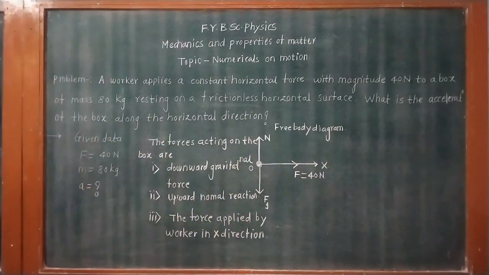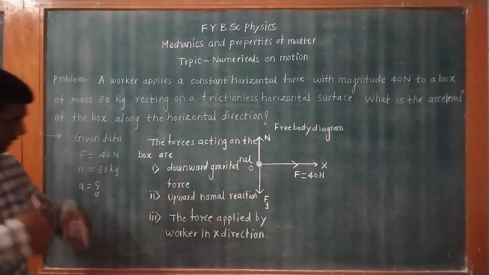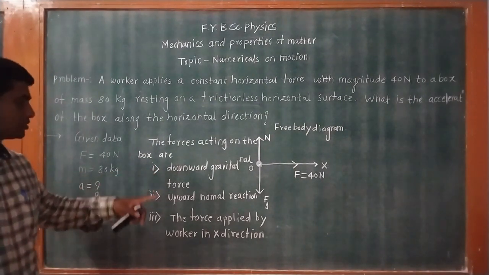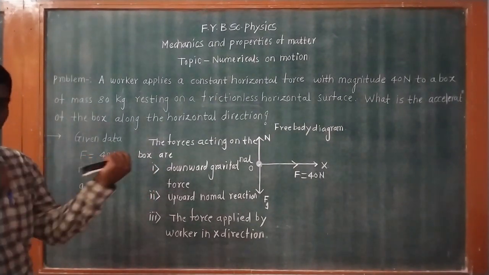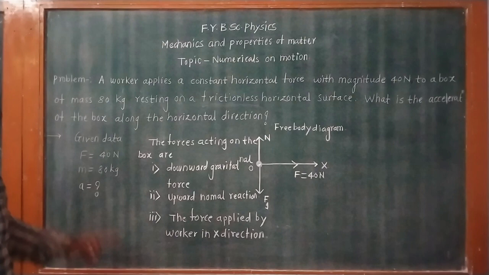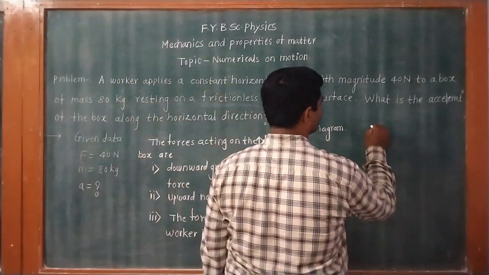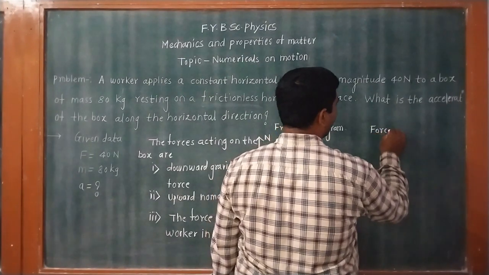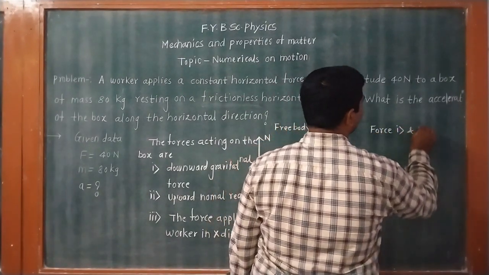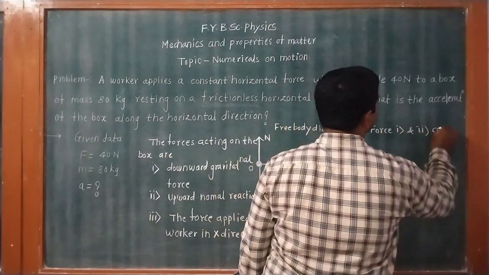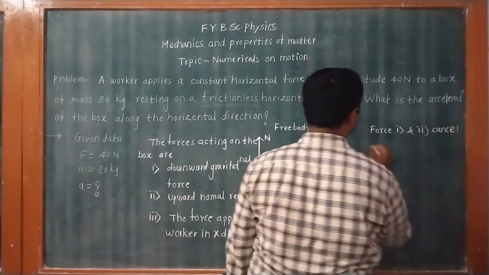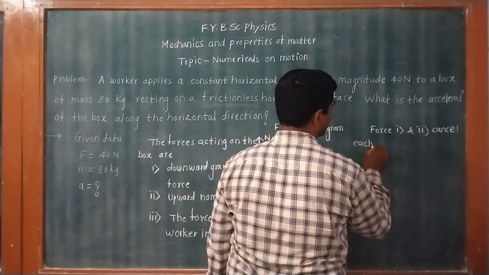So these are the three forces which are acting. Of these three forces, the first force and second force are in opposite directions, so they will cancel each other. Force 1 and 2 cancel each other.